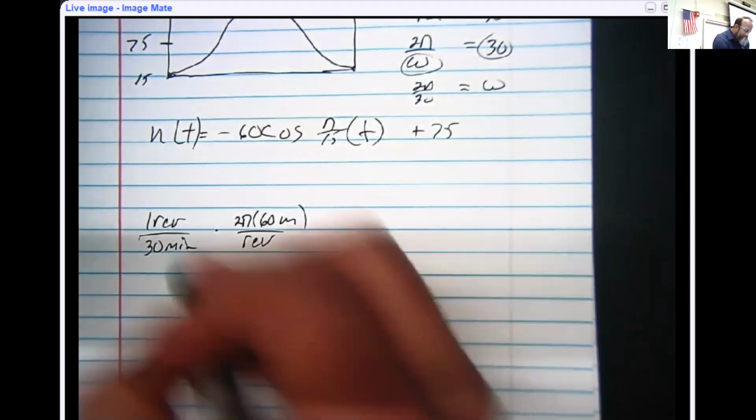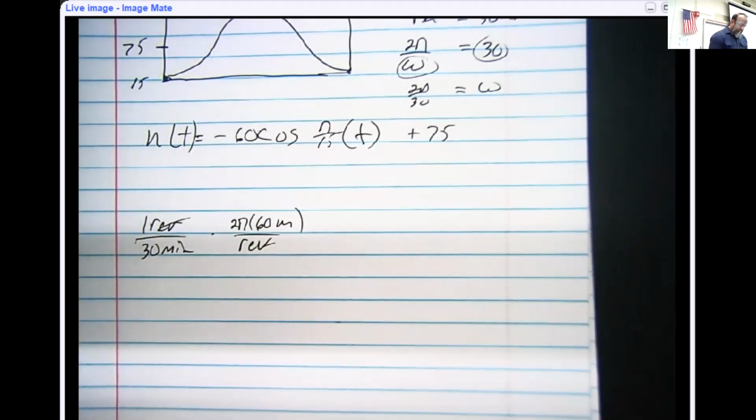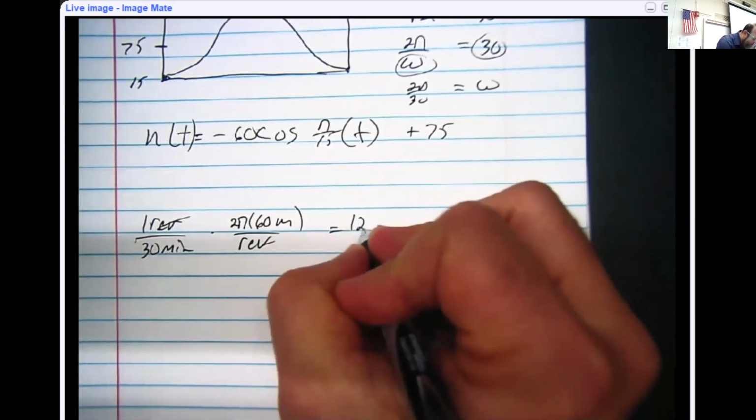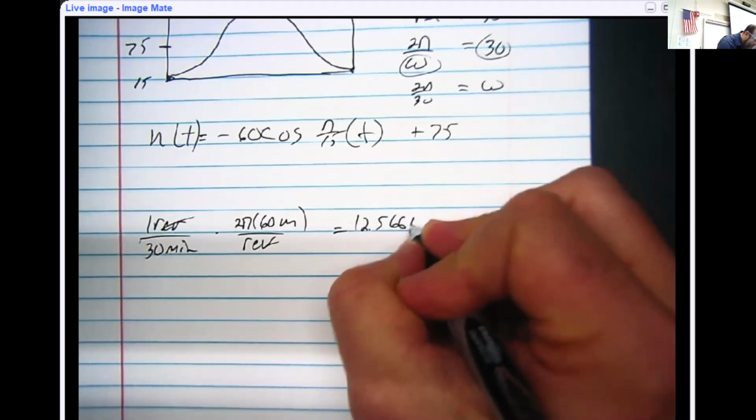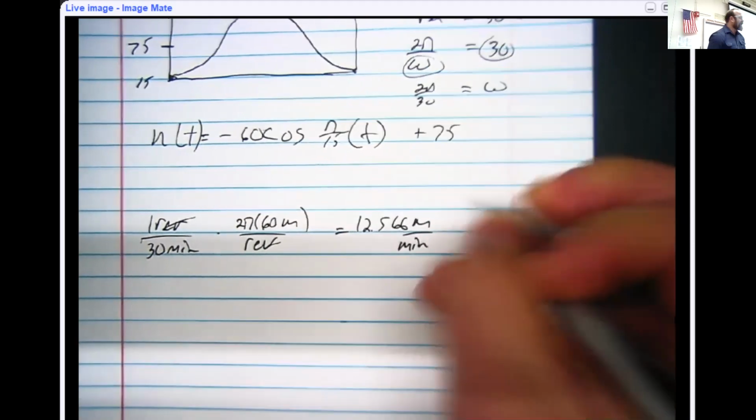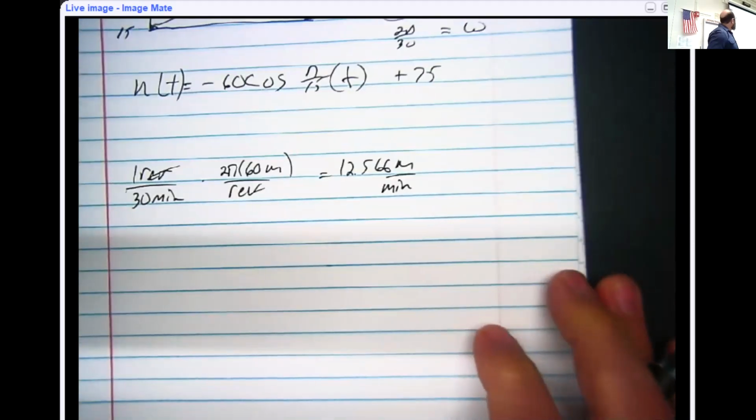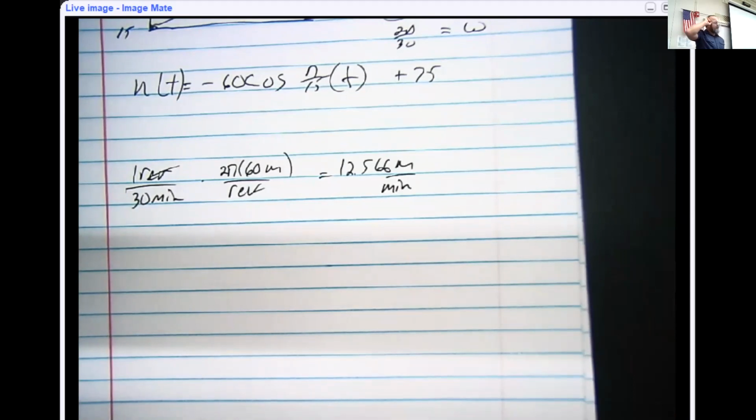So if I did that, then I would have meters per minute. So 2 pi, that would be 120 pi divided by 30, is 12.566 meters per minute. Now, I don't know about you, but that doesn't really ring all that well.